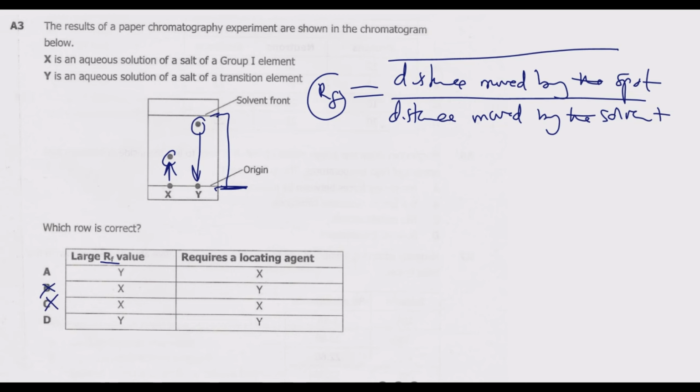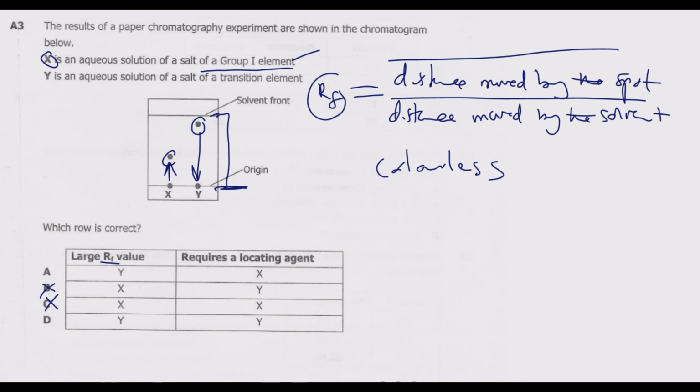Then which one requires a locating agent? If you know X is a salt of a group 1 element, salts of group 1 elements are normally colorless. Why are they colorless? Because they are diamagnetic and they do not have unpaired electrons.